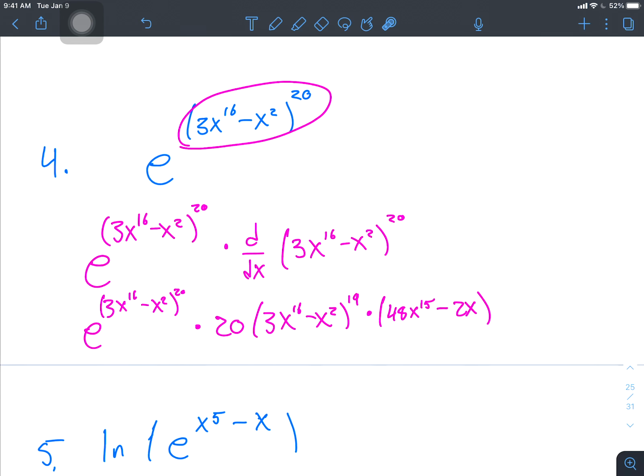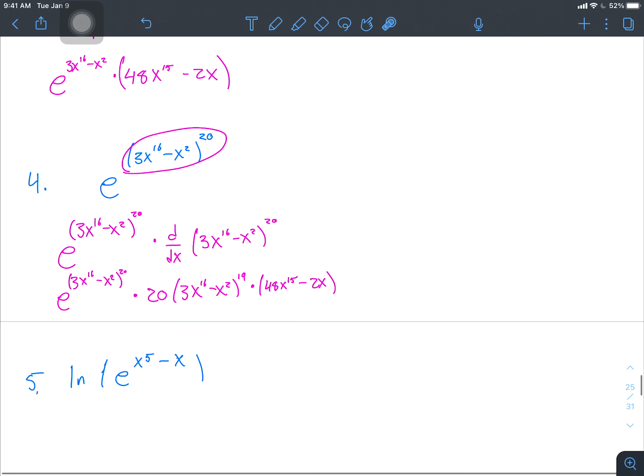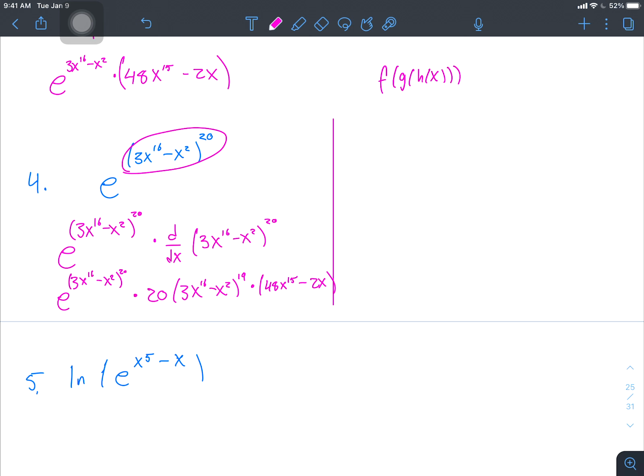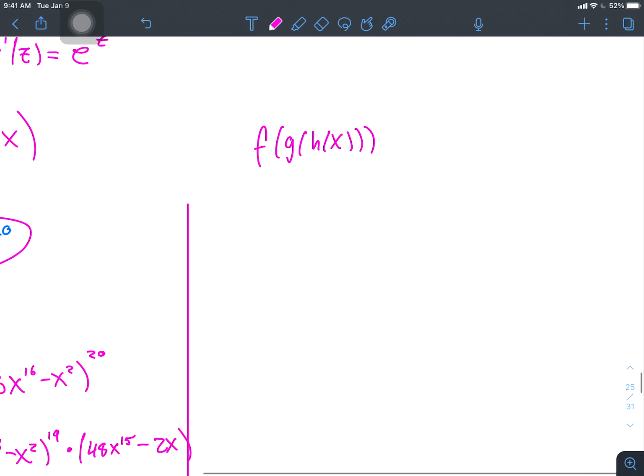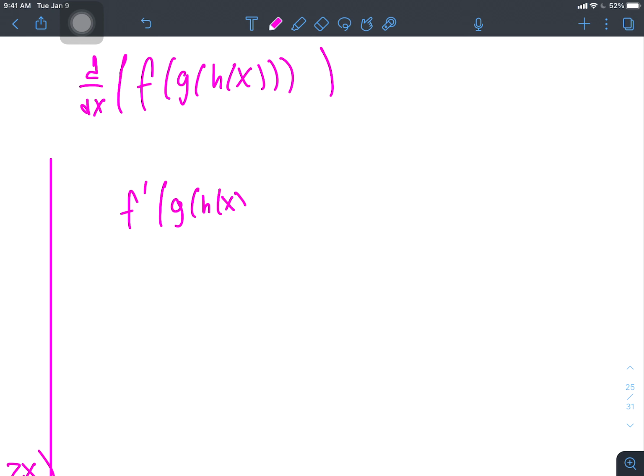So, if you were going to do this in terms of your f and g and h, let me just show you how it would work. If you have f of g of h of x, if you want to just memorize this rule because you're scared of triple chain rule, then this is the way it goes. Its derivative will be f prime of, we leave the inside alone, g of h of x.